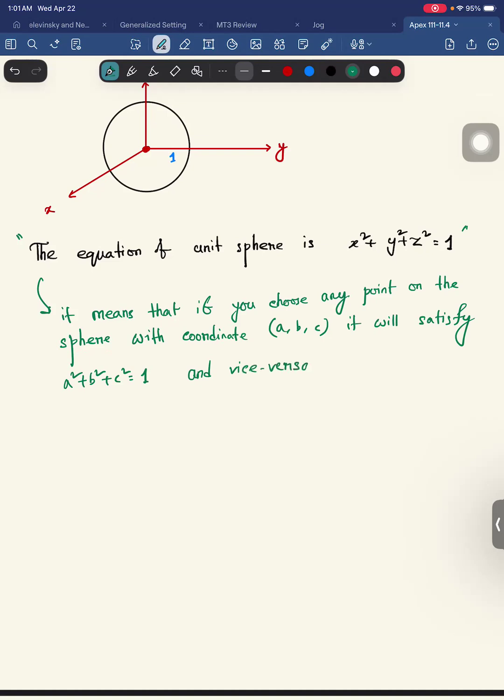Meaning that if you choose any 3 numbers a, b, c satisfying a squared plus b squared plus c squared equals 1, that point (a, b, c) will be on the sphere. For example, you can see (1, 0, 0) is on the sphere.